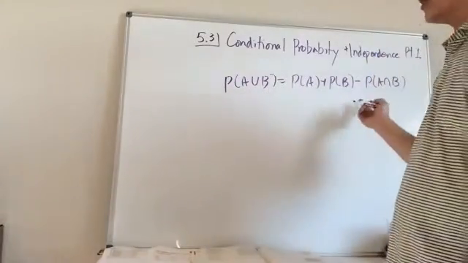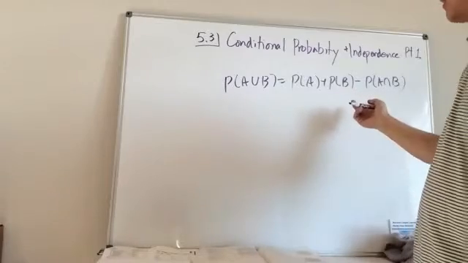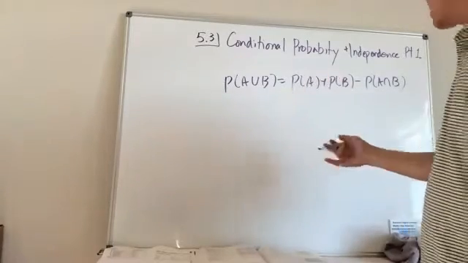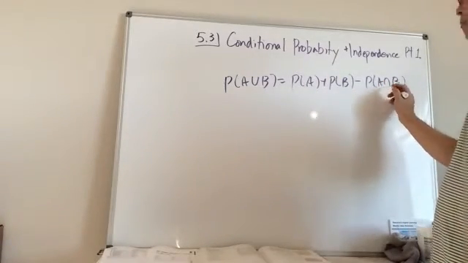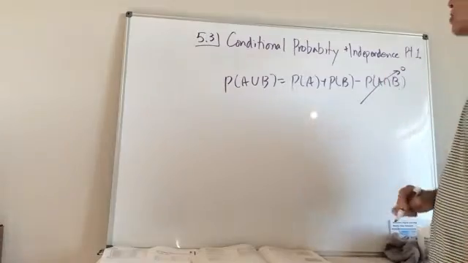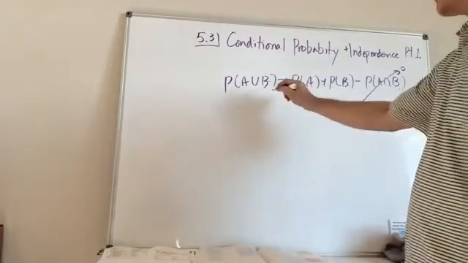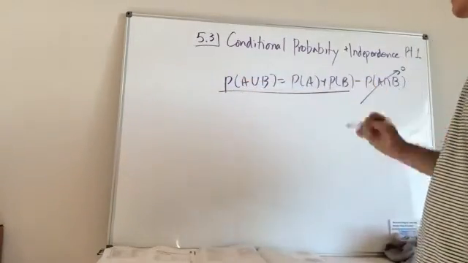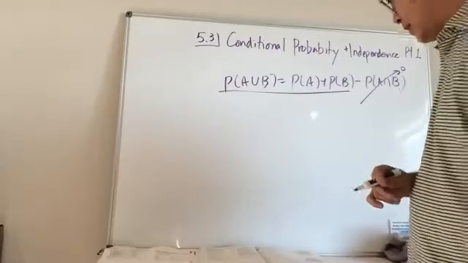But earlier when we did mutually exclusive, we said that since A and B cannot happen together, this term goes to 0. And basically all you have left is this. That's the mutually exclusive one.